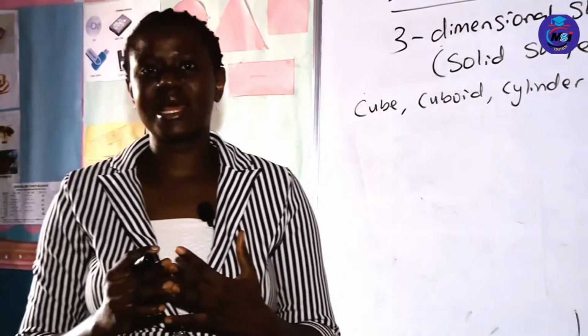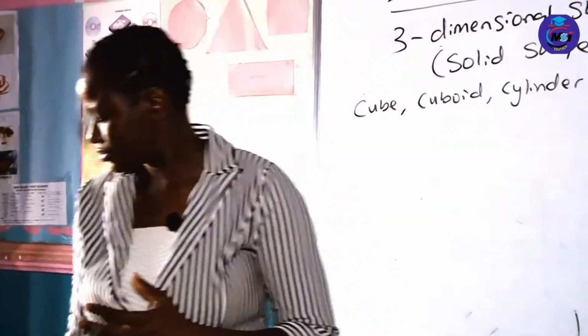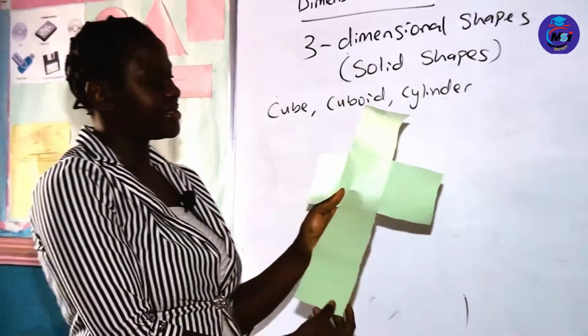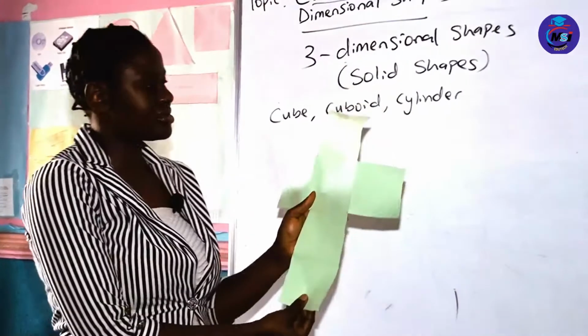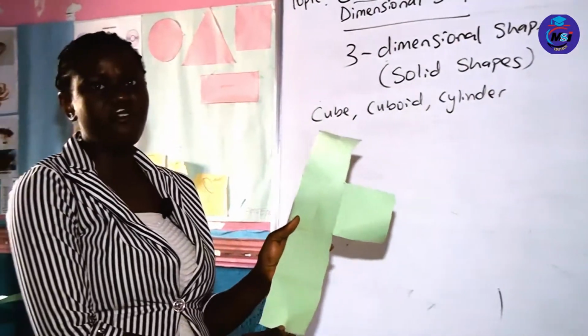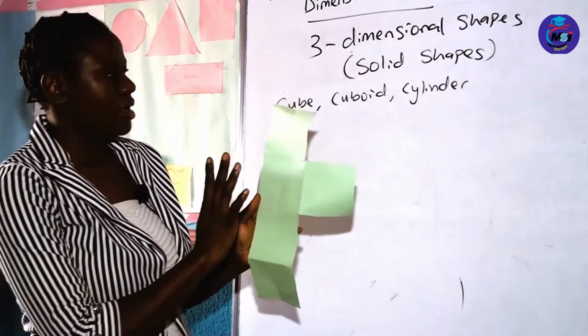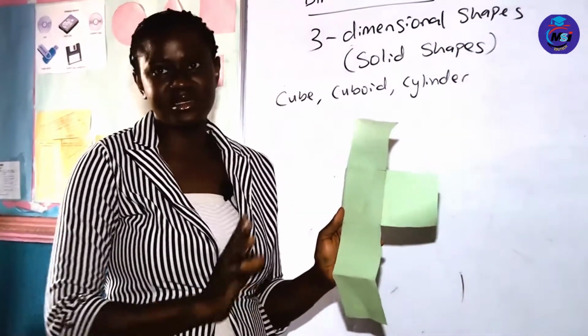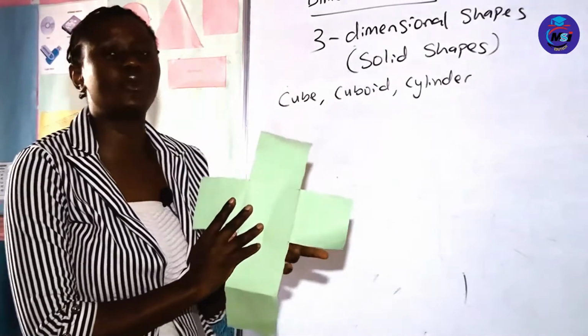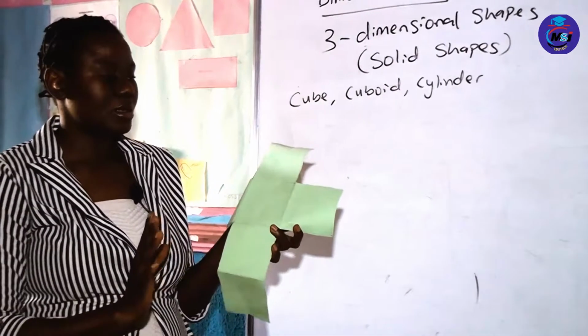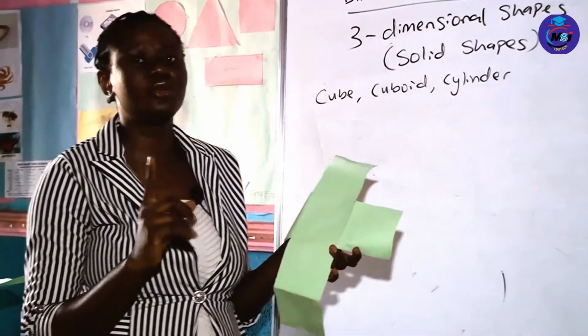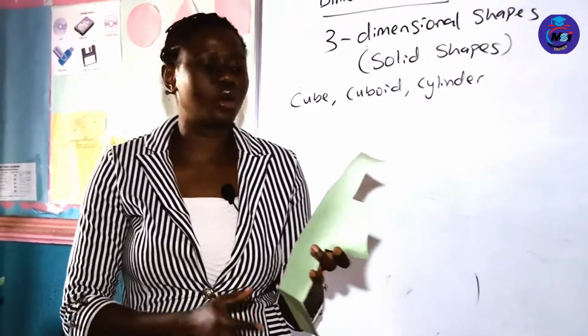I have done something like that, and then I'll show this to you. Okay, can you see this? This is the net shape of a cube. I used 10 centimeter for this particular shape. You could use whatever length you want to, but please do ensure you practice this on your own.